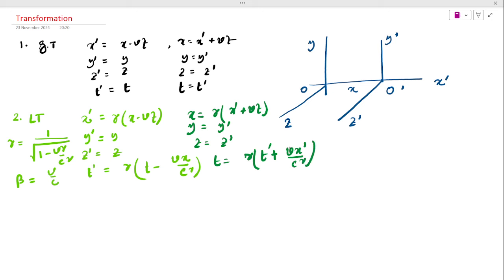And one important thing, that x square plus y square plus z square minus c square t square is basically a Lorentz invariant quantity.